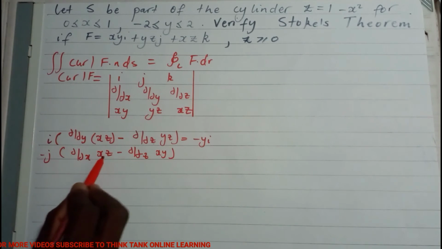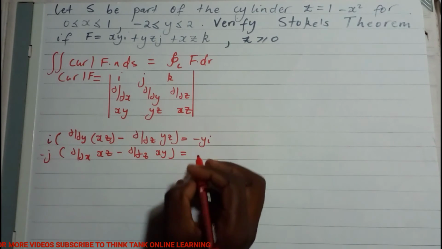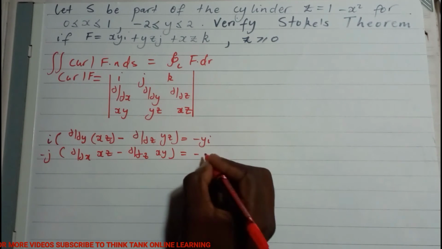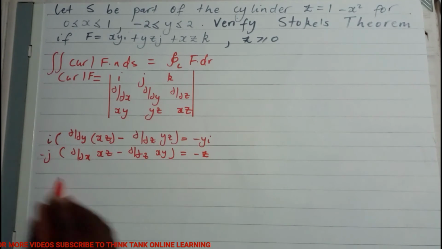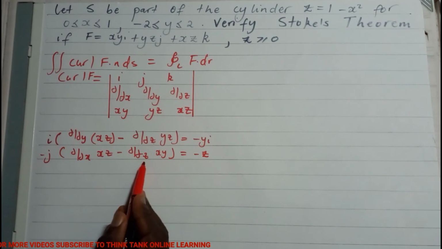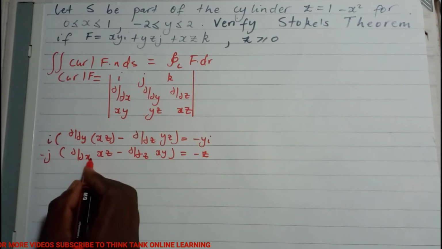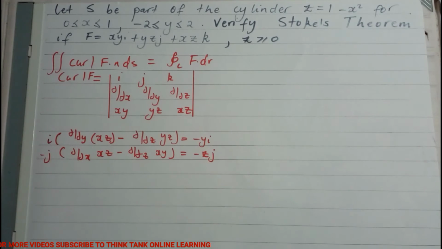If we differentiate xz with respect to x, we get z, but if we differentiate xy with respect to z, we get 0. So it's going to be negative z j.